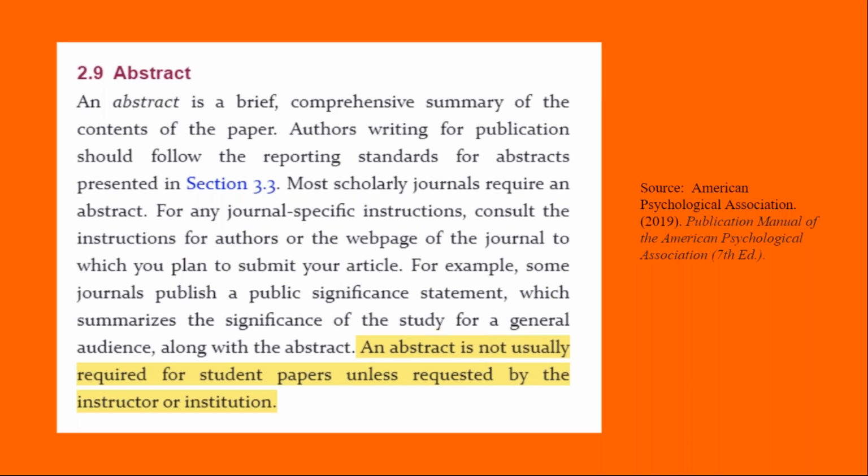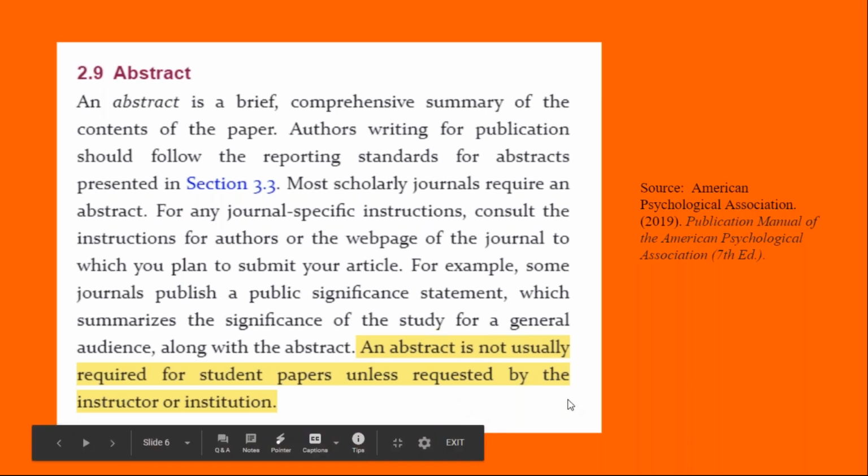Professional papers are ones that are being submitted to scholarly journals or other types of situations like that. A student paper is done to fulfill course requirements, which is what you'll be doing. So unless your instructor requires an abstract, just assume you don't need one, but always ask just in case.